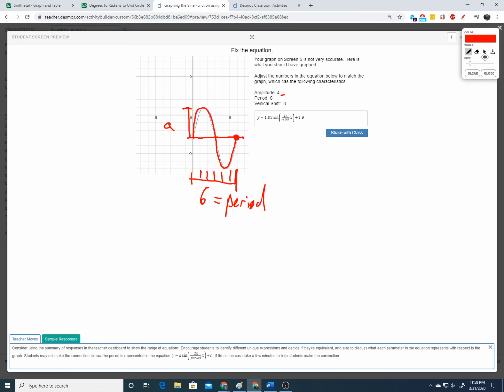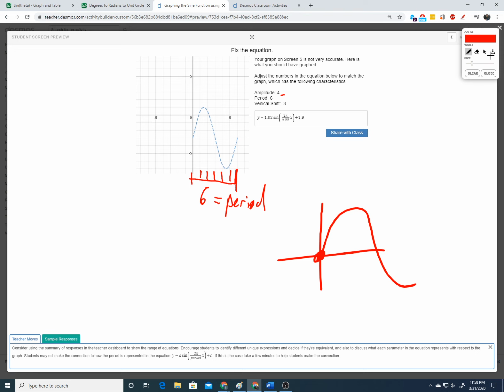And my vertical shift, because I'm dealing with a sine function. Oh, yeah. I do that sometimes. So happens when I forget to slide this one over. My sine function, remember, normally starts at the point 0, 0.